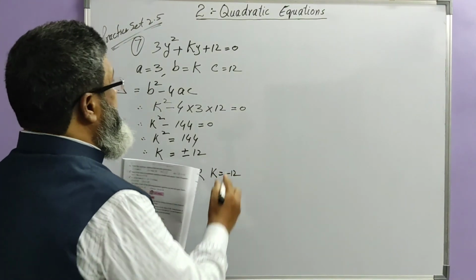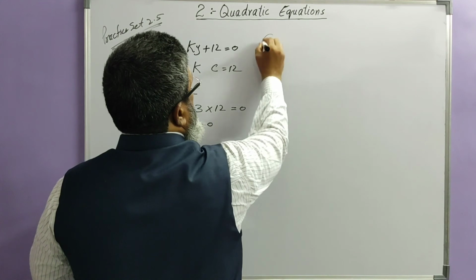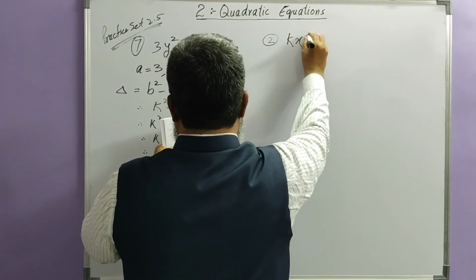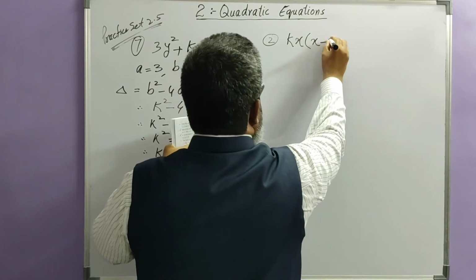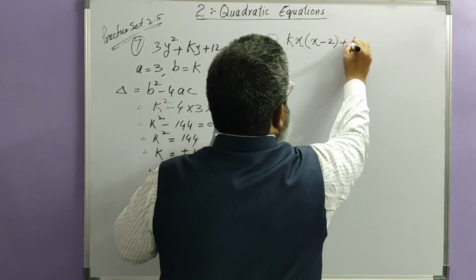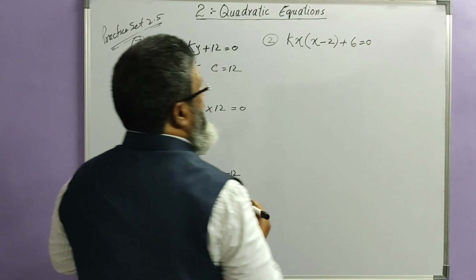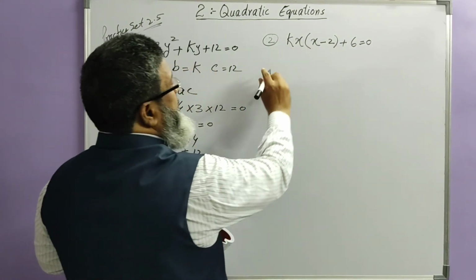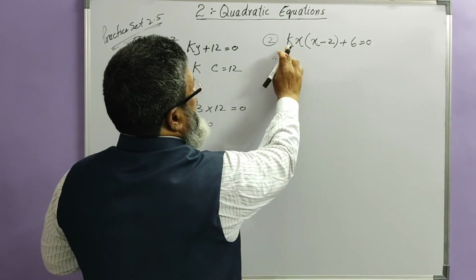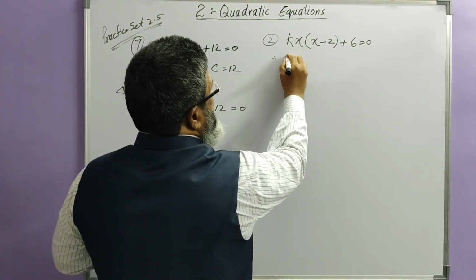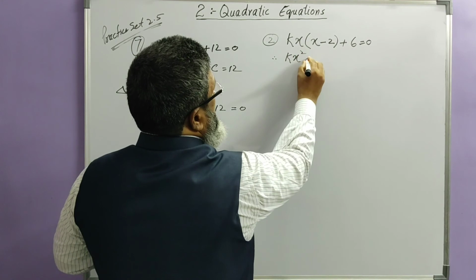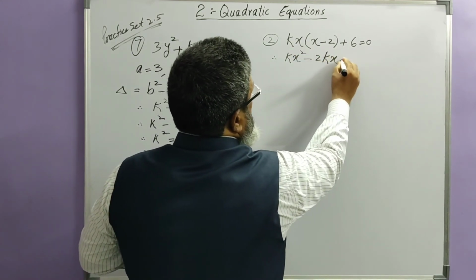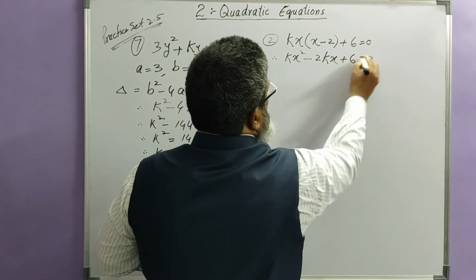See the second question. The question is kx in bracket x minus 2 plus 6 is equal to 0. So let's convert this equation into general form. Therefore kx into x is kx square minus 2 into kx, 2kx plus 6 is equal to 0.